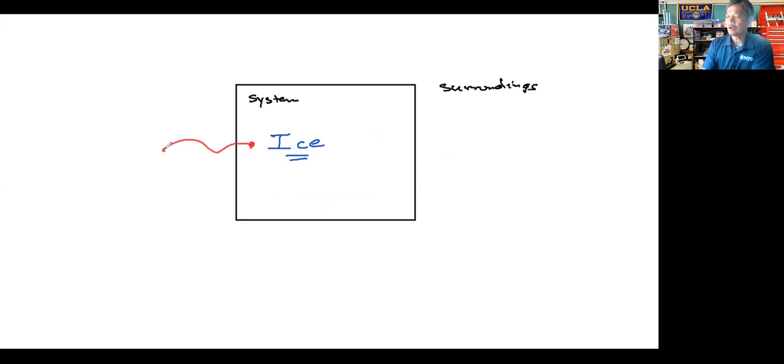You can imagine holding the piece of ice, the heat from your hand is going to flow into the ice itself. And if heat flows into a system, that means the system is undergoing an endothermic process. So this is an endothermic process. Hopefully you are able to get that.